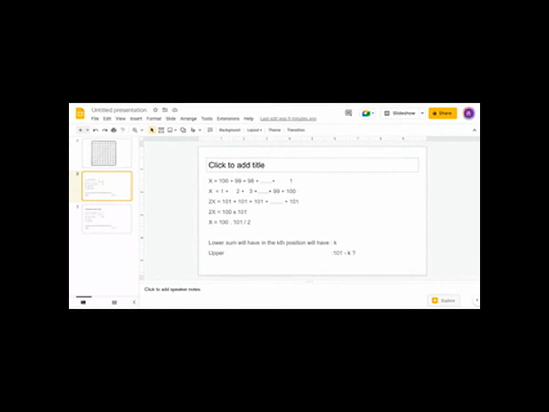So did everyone understand why we get n into n plus 1 by 2 for the sum of the first n numbers? Did everyone understand that? Yes, sir. Anyone who did not understand this derivation? Can raise hand, and I can help. Everyone understood? Yes, sir. Let me ask some random people.